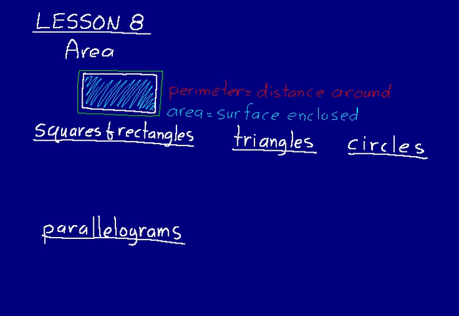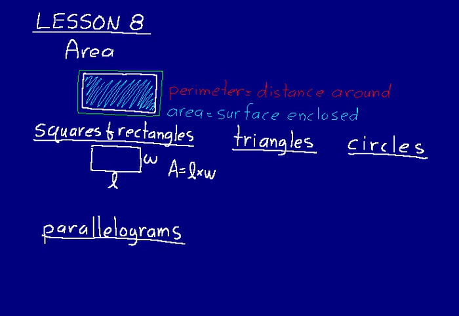For a rectangular shape, usually one side is considered the length, and we'll just use a cursive L there, and the shorter side is considered the width. So the area of a rectangle, I'll use capital A for area, is equal to length times width. You could also say width times length, because the order of those factors doesn't matter in multiplication.